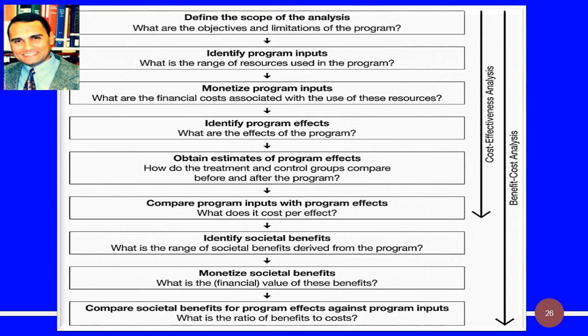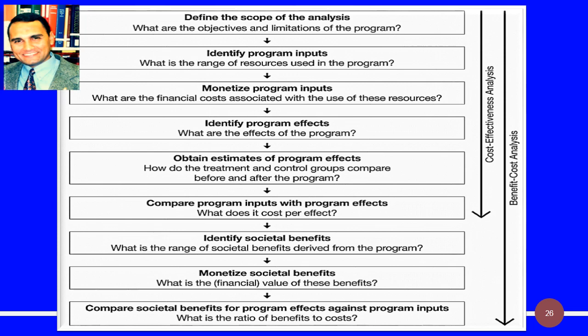Financial cost is about $200, between 120 and 200 of Egyptian currency. Identify program effect. This program effect will raise the productivity of the farm by about 29 to 30%.